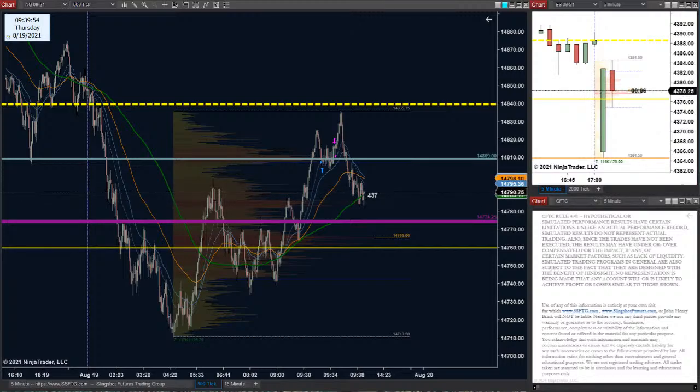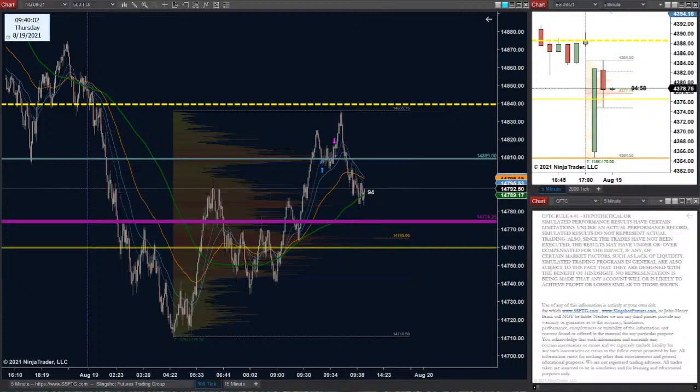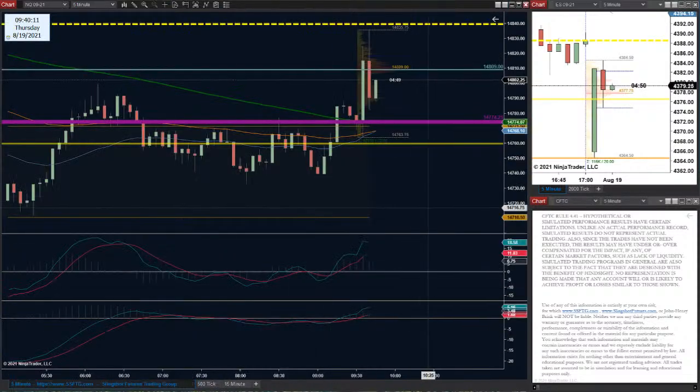He's just kind of pinging around, not really doing anything here. Bulls attempting to make a move up. The second 5-minute bar on the S&P closing above 77.75. Very interesting.